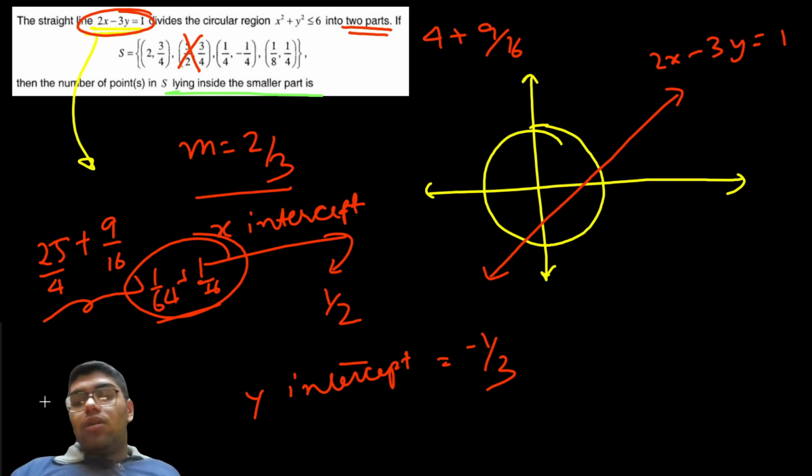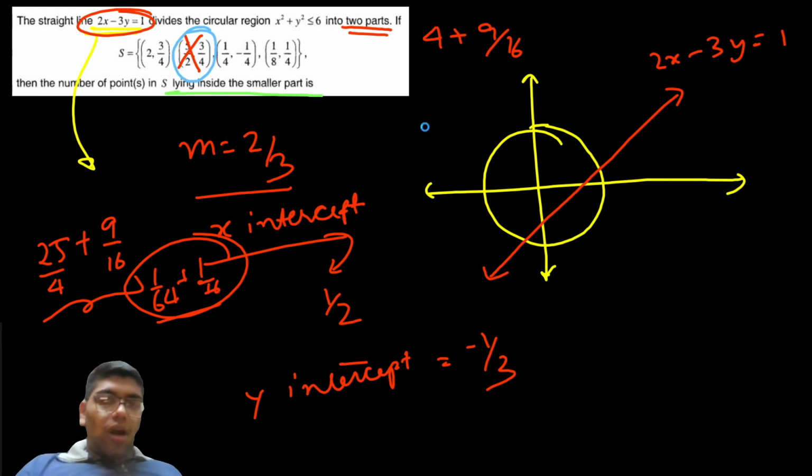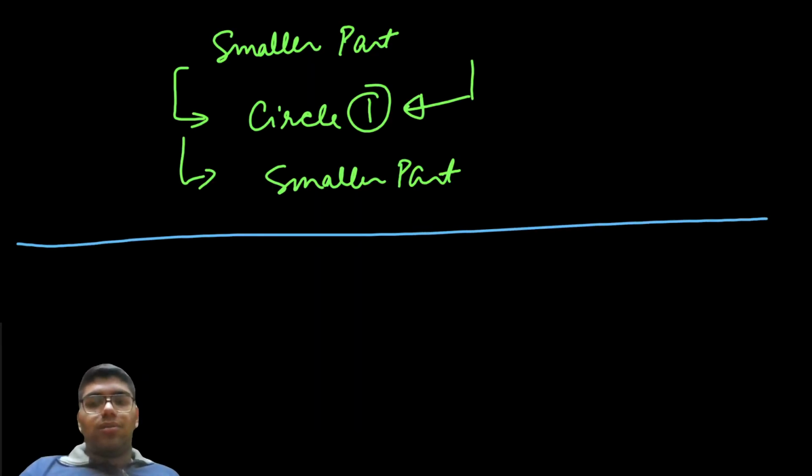So look, you eliminated one of those, so this is smart work and you can do that in the exam as well. Now let us try to find how we can judge whether it is in the smaller part or bigger part. Okay, so I will use a very interesting concept.